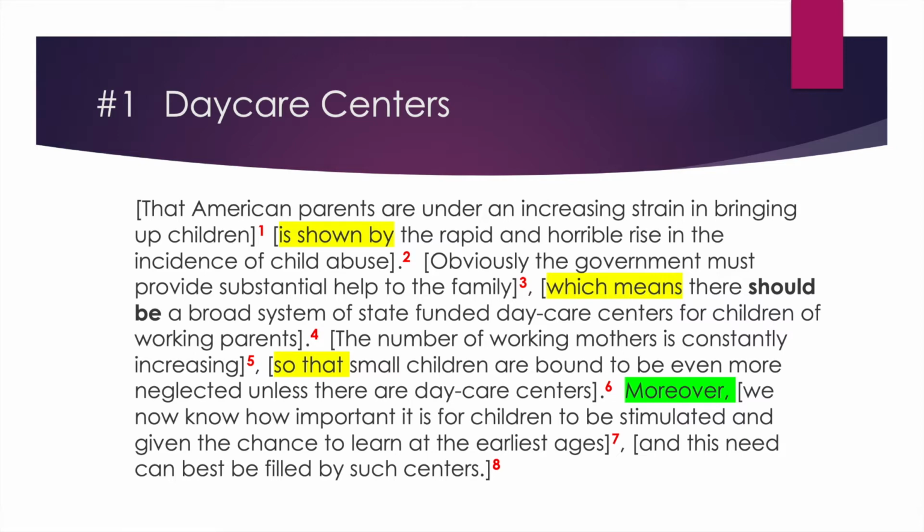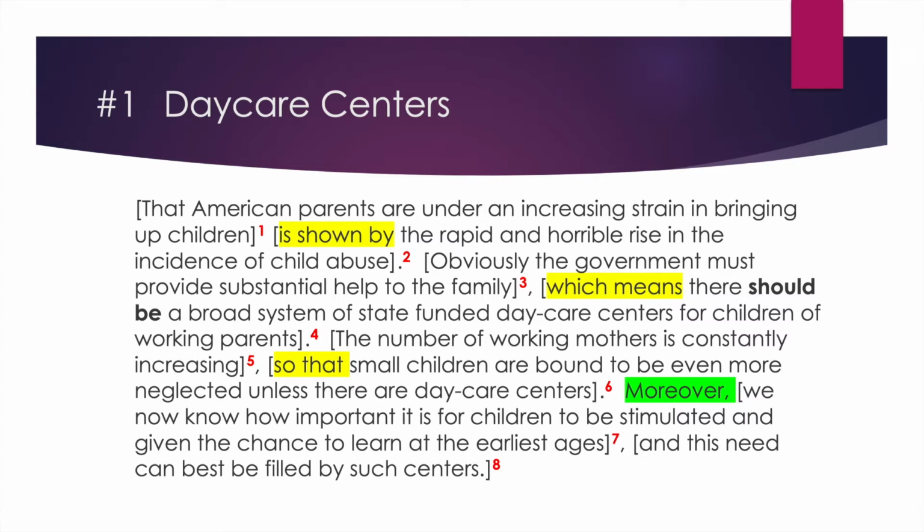In other words, the rapid and horrible rise in the incidence of child abuse is evidence that American parents are under increasing strain in bringing up children. If you were to restructure that in logical order, it would be the evidence followed by the claim.